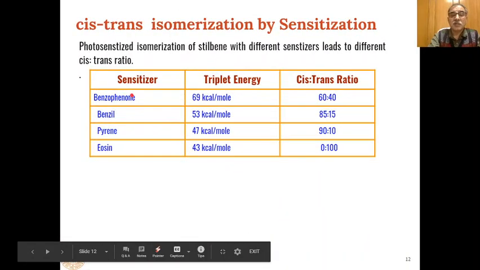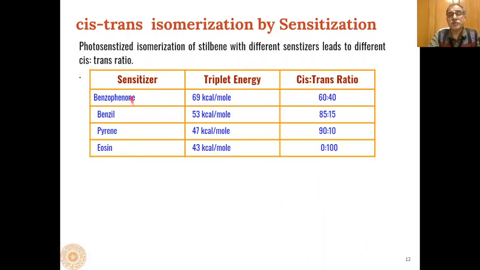Now these are some of the commonly used sensitizers. Benzophenone is most commonly used, and the triplet energy required is 69 kilocalories per mole, and when this much energy is transferred, the cis-trans ratio of the products formed is 60 to 40.